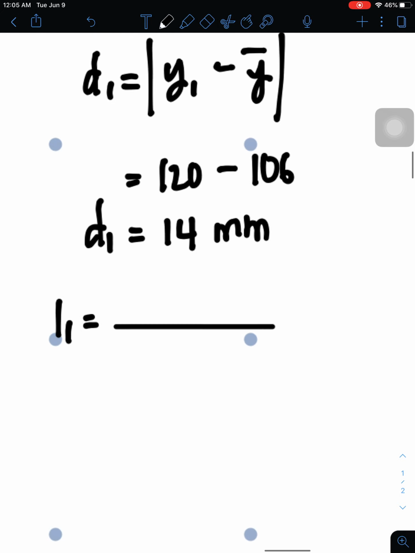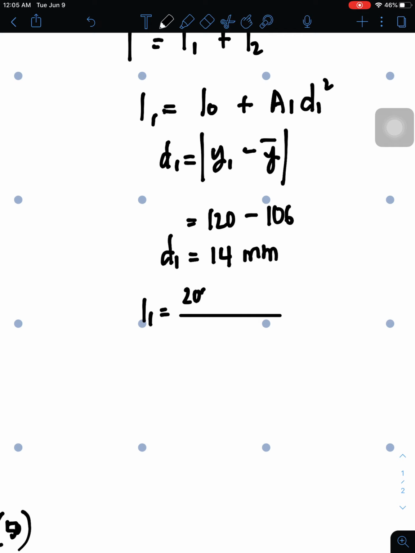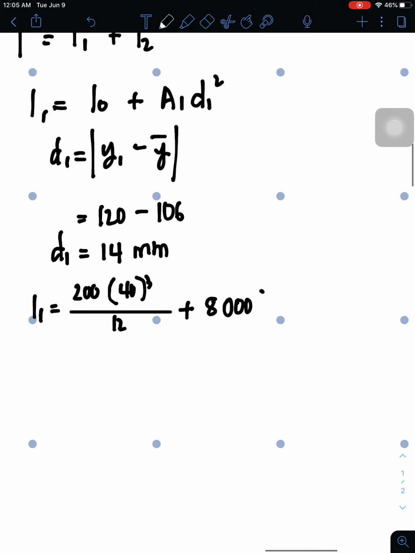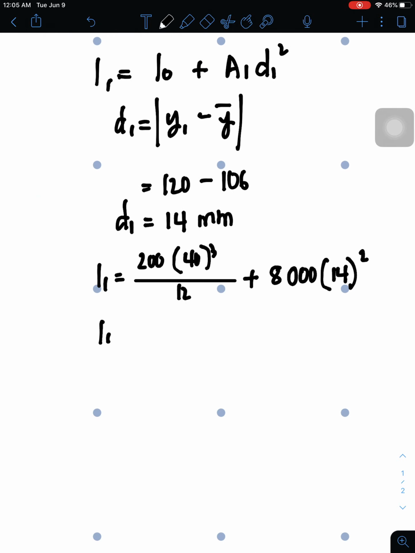So the base of area 1 is 200, so it's 200 times the height, 40 cubed over 12, then plus the area, which is 8,000 for area 1, times d1, which is 14. And do not forget to square it. So this is our I1.